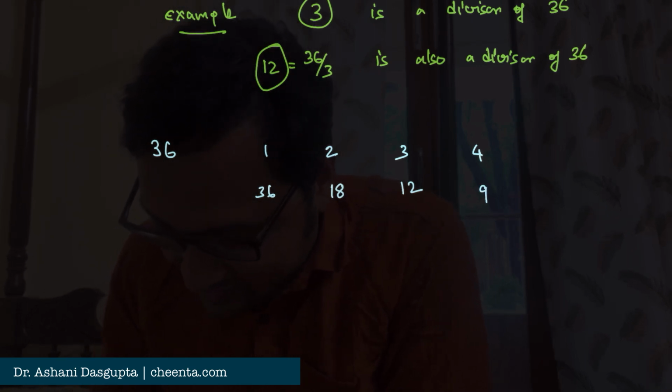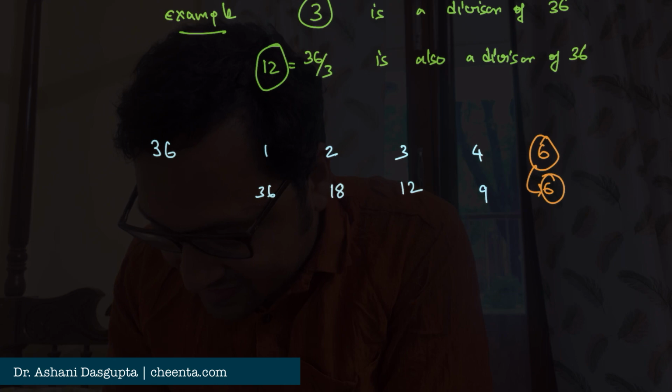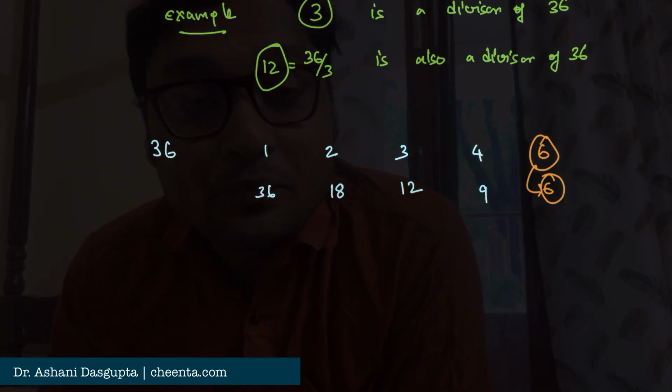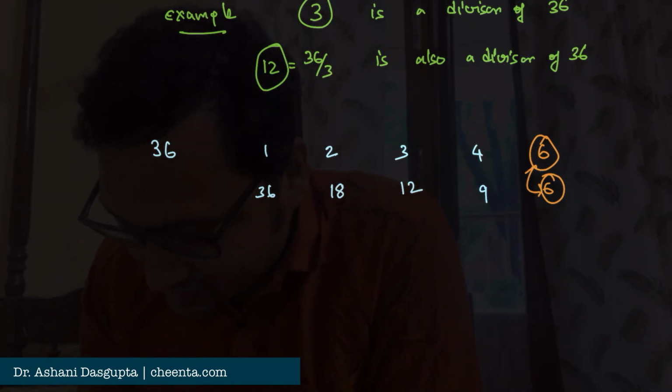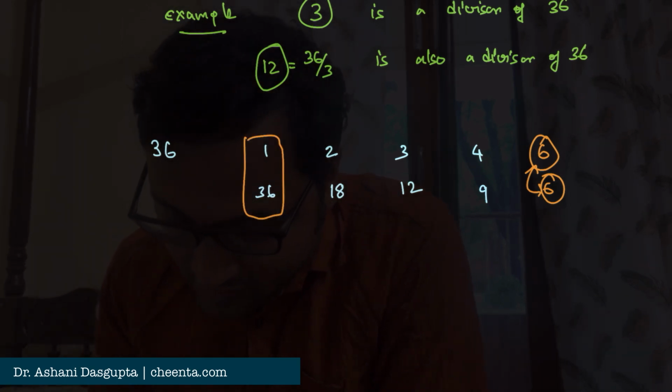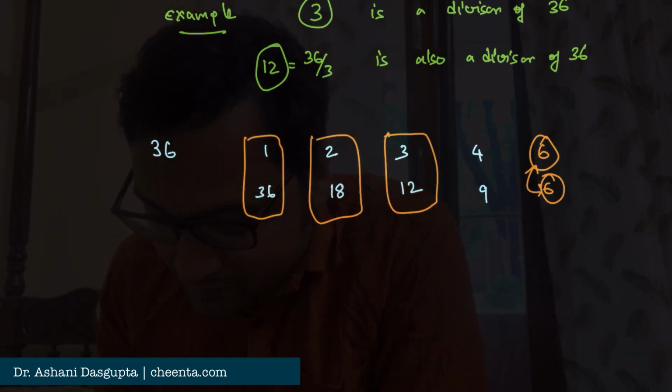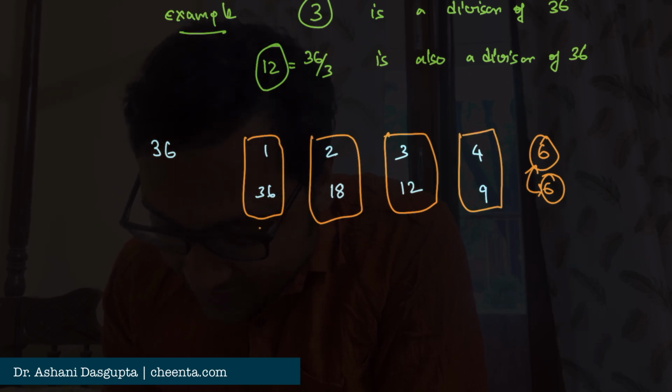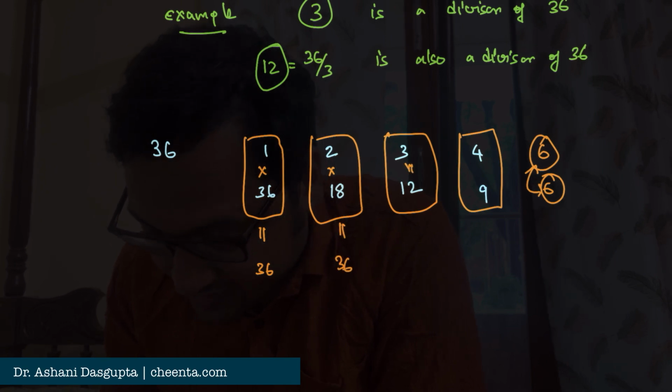And finally, and that's the fun part, 6 and 6. Well, the pair of 6 is 6 itself because 36 is a perfect square. So we have 9 divisors in total. 8 of them come in pairs, and their product, if you multiply them out, is always 36.